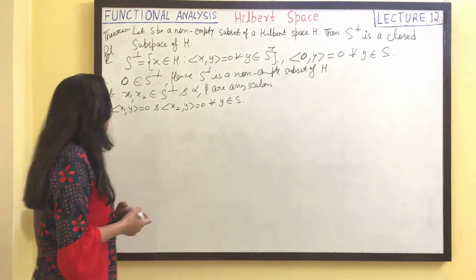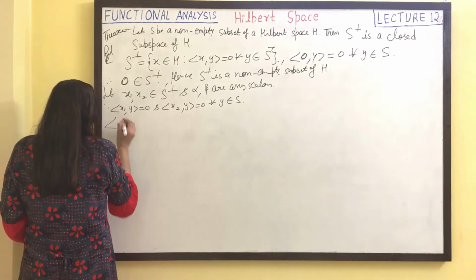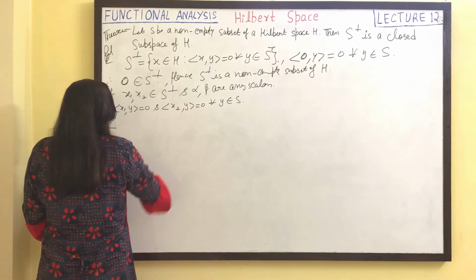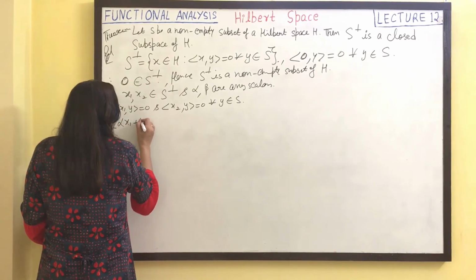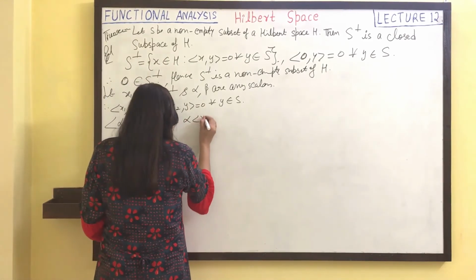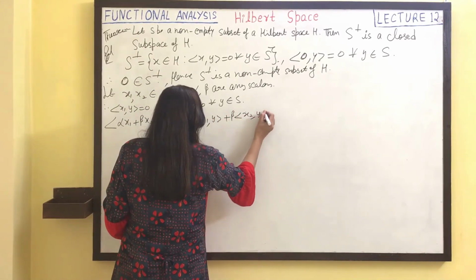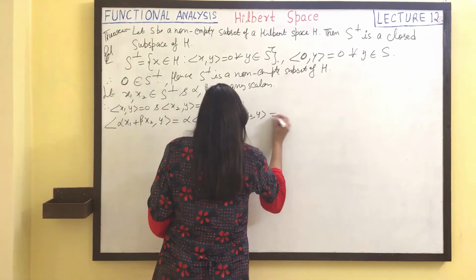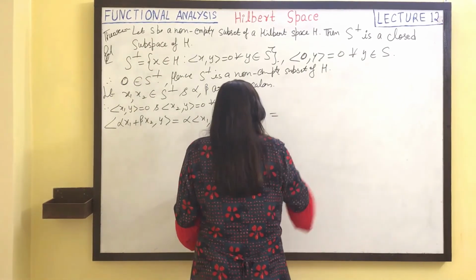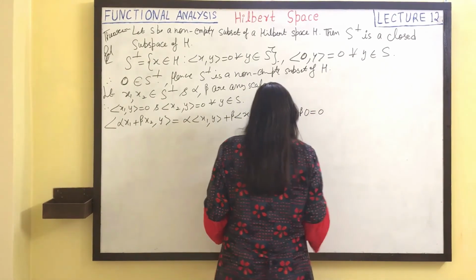Now to prove that S perpendicular is a subspace of H, the inner product of alpha x1 plus beta x2 comma y can be written as alpha times the inner product of x1 comma y plus beta times the inner product of x2 comma y, and these two are 0, so therefore it is alpha multiplied by 0 plus beta multiplied by 0, and again it is 0.